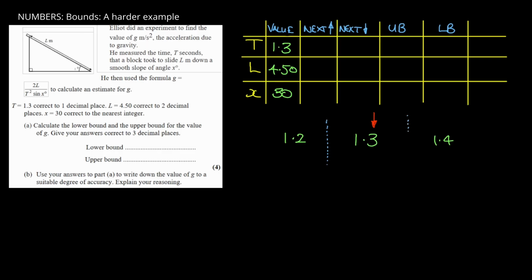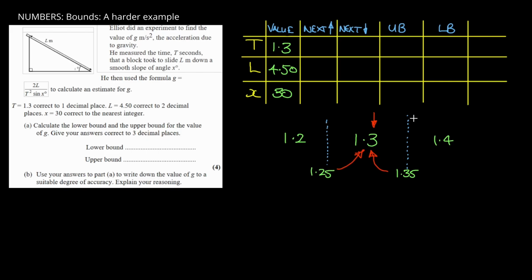Well, they would be at the halfway points between these resultant values. In other words, everything above 1.25 would be quoted as 1.3, and everything below 1.35 would be sucked in and quoted as 1.3.